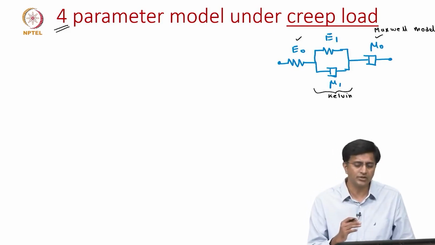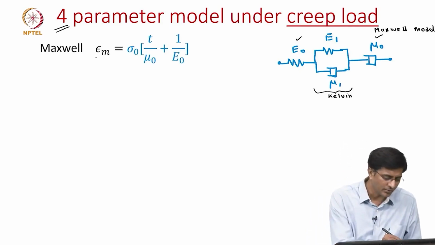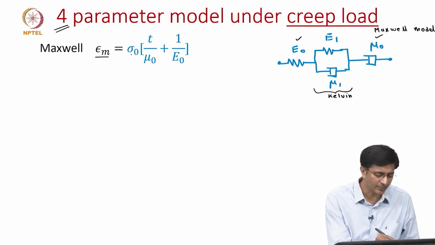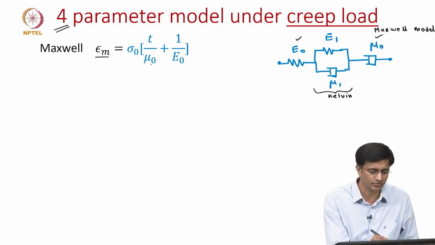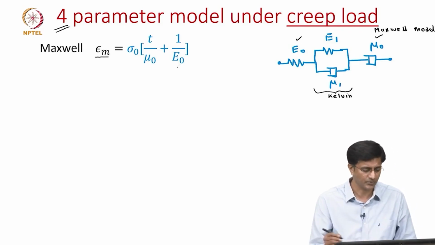So, let us first see what is the creep response of a Maxwell model. Here we represent the strain in the Maxwell model as epsilon m, which is given in terms of the applied stress sigma naught, mu naught the viscosity of the free damper, and E naught the modulus of the free spring.